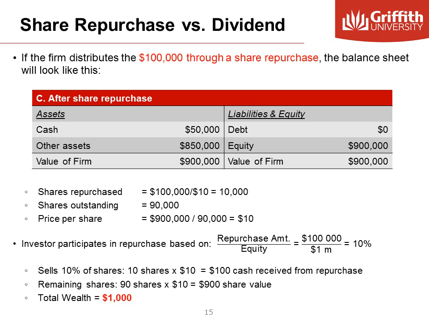If our investor participates in the stock repurchase according to the ratio of repurchase amount divided by the equity, in other words, the 10% repurchase ratio, he sells 10% of his shares, in other words, sells 10 shares at $10 each and receives $100 cash from the repurchase, and keeps the remaining shares, which have a value of $10 each, and becomes $900 in share value, and in the end the total wealth is $1,000 as before, as with the dividend payment in cash.